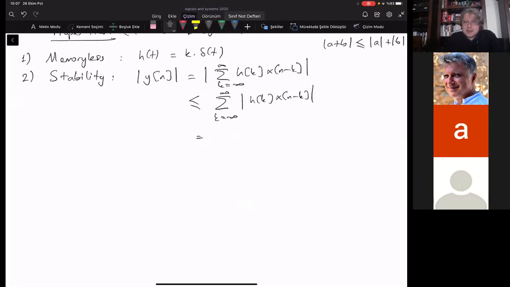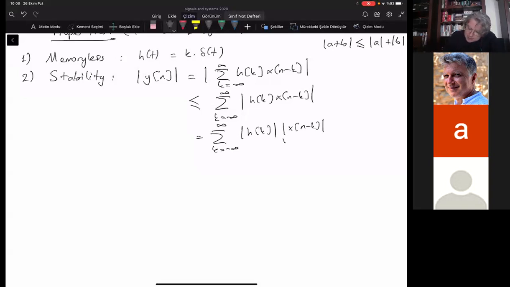So using this, now I can say that the last expression, which is already greater than or equal to the magnitude of y of n, is equal to the summation k from minus infinity to infinity of the magnitude of h of k and the magnitude of x of n minus k, separately putting the absolute values. It's the same, because the absolute value of a multiplication is the same as the multiplication of the individual absolute values.